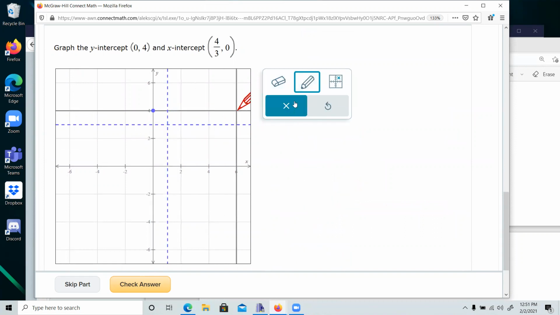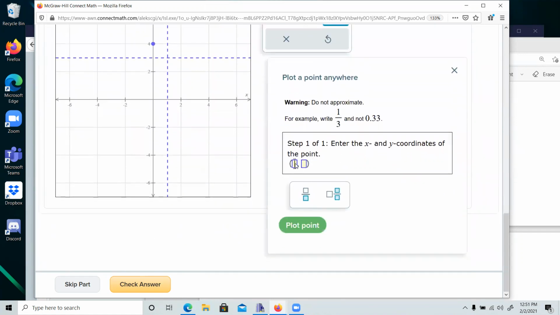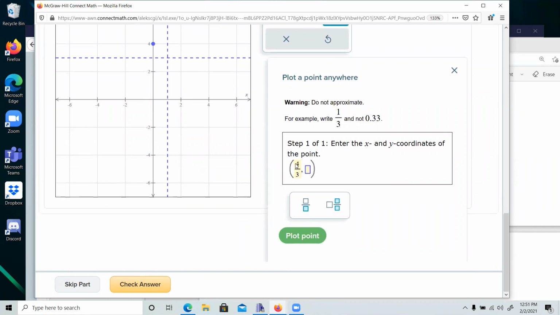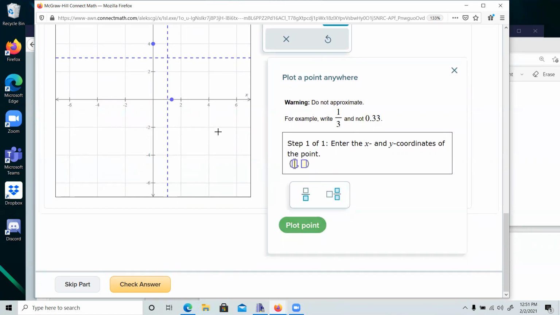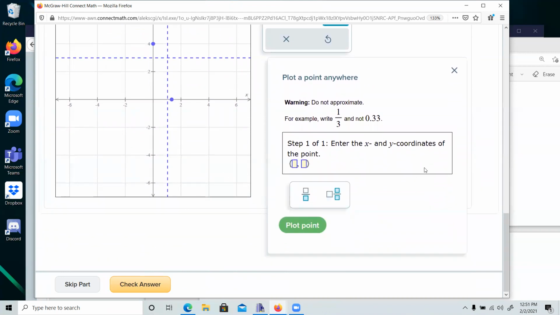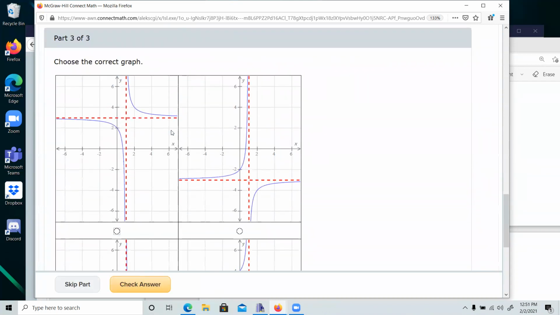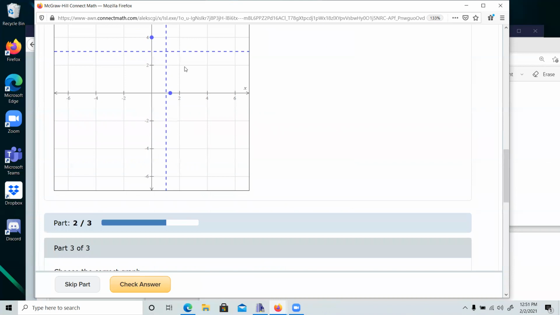But this one, I'm not going to be able to do 4/3. Thirds. Plot it. All right. That's all they wanted. Looks like that's all they wanted. Then we have to choose which one we like.